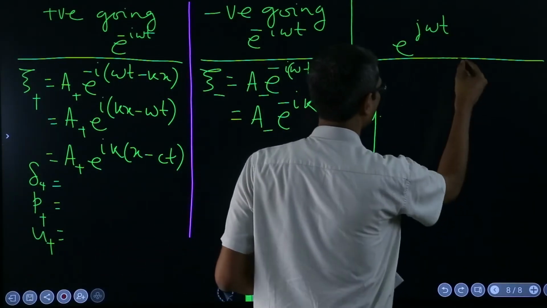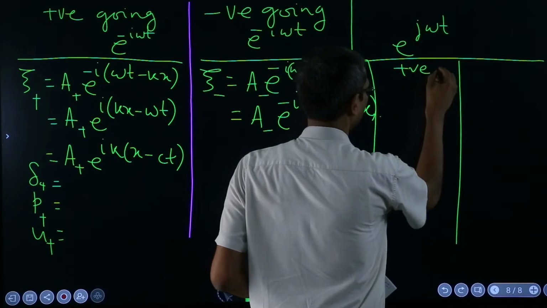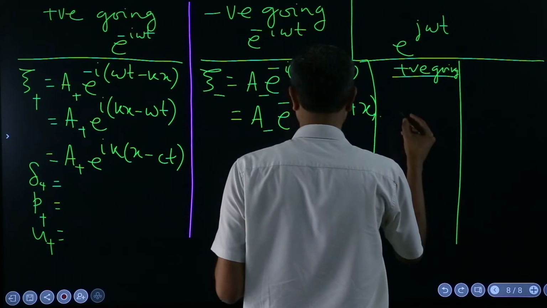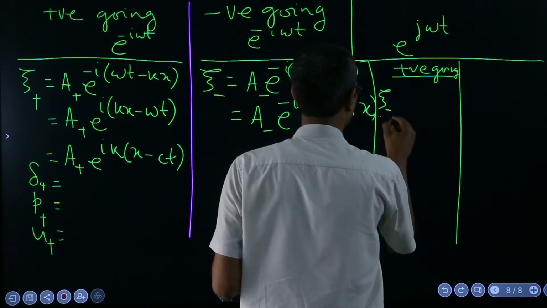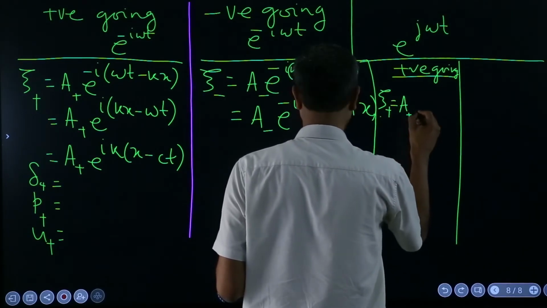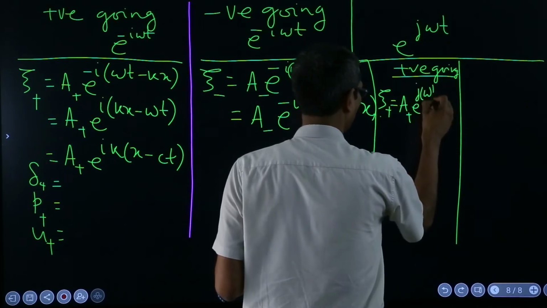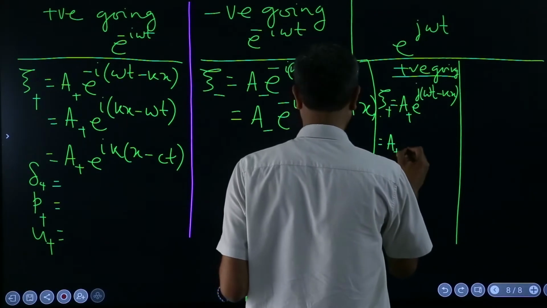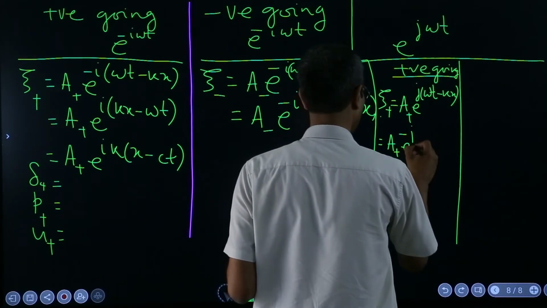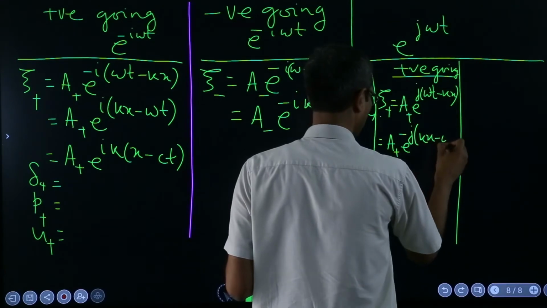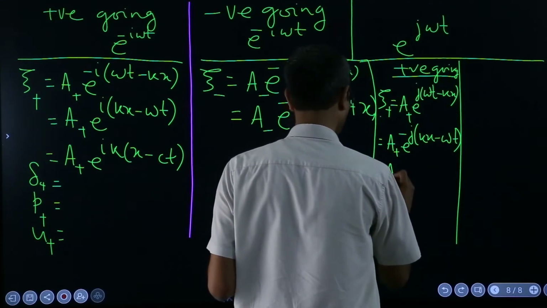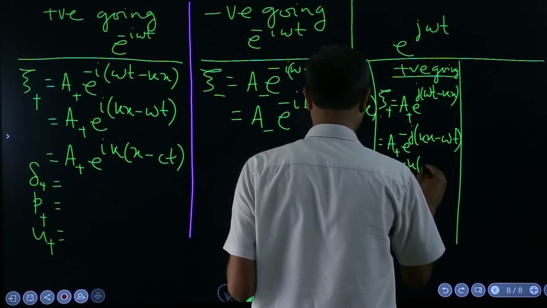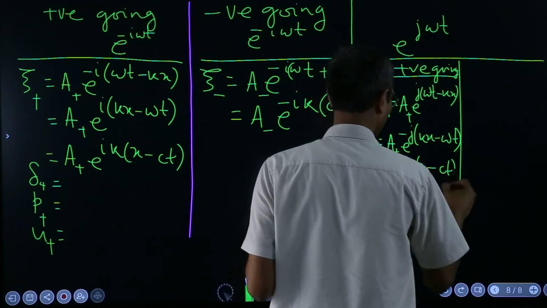So with this convention, positive going xi plus is a plus e raised to j omega t minus kx, equal to a plus e raised to minus j kx minus omega t, equal to a plus e raised to minus j k x minus ct.